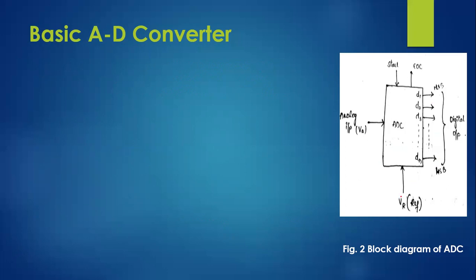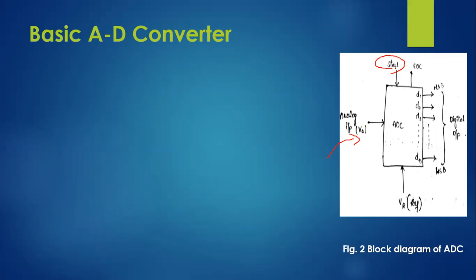But in addition to this, here we have two control signals, start and EOC. So what is the function of start? Even if we are applying the analog input voltage to the input pin, unless we give the start signal, it just acts as a control pulse or clock pulse.